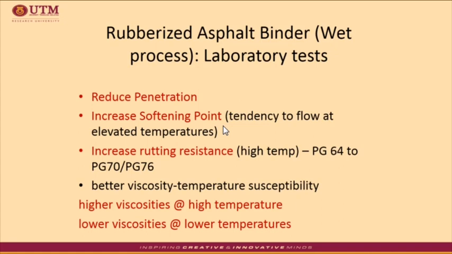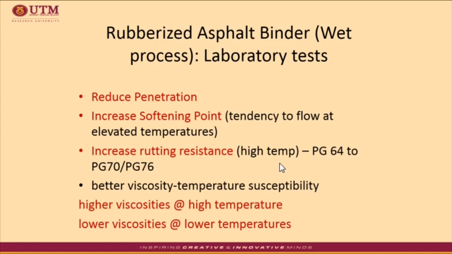This is beneficial with the current climatic changes, where the surrounding temperature is getting higher, and that will also increase the temperature of the pavement. In other words, it will increase rutting resistance, changing the conventional asphalt from PG 64 to PG 76.